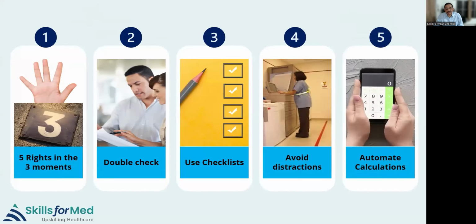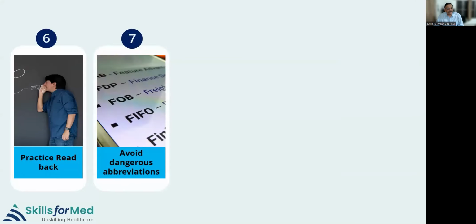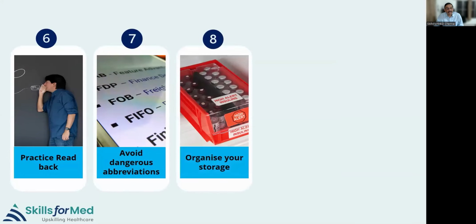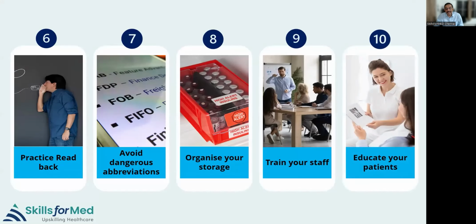Automate calculations. Use that mobile phone and use those apps which are free to reduce the errors. And sixth is practicing read back when you're using the phone, avoiding dangerous abbreviations, organizing your storage is the eighth, training the staff is ninth, and educating and engaging your patients is the 10th way. I hope this is useful.